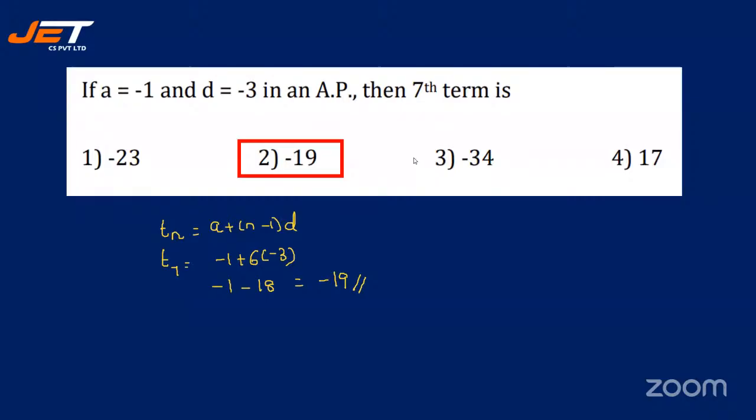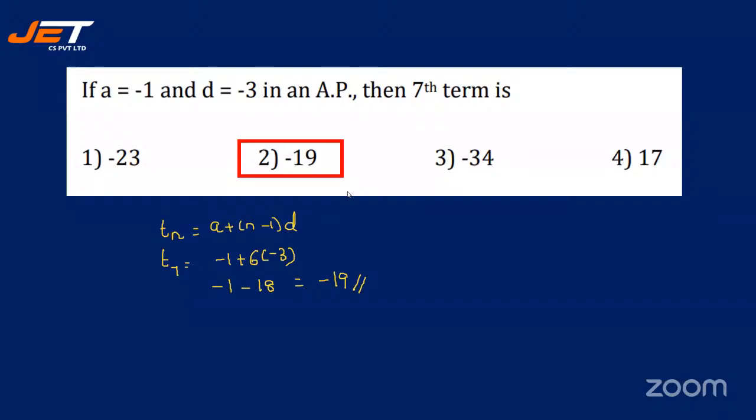The formula for Tn is A plus n minus 1 into D. So they're asking us to find out the seventh term. So T7 is equal to A plus n minus 1 into D. A is the first term, -1, plus n is 7. 7 minus 1 is 6 into D is -3.